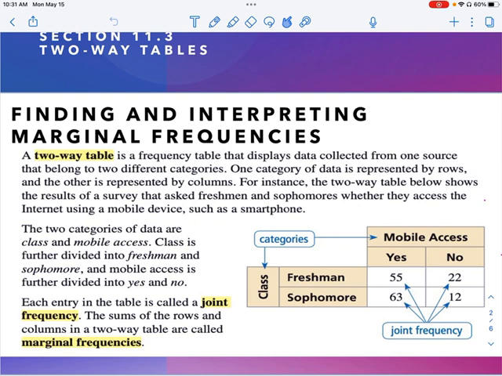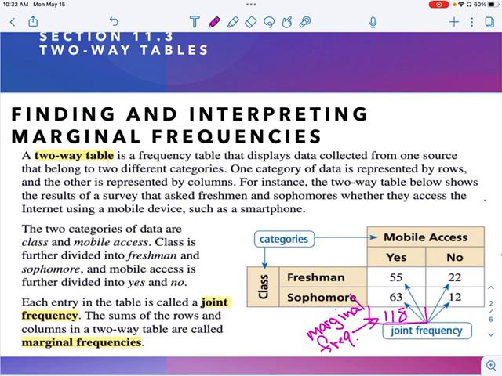The second one is called marginal frequencies, which are simply the sums of the rows or the columns. So, for example, to find the marginal frequency of yes, we would just take 55 plus 63 and get 118. That is called a marginal frequency.